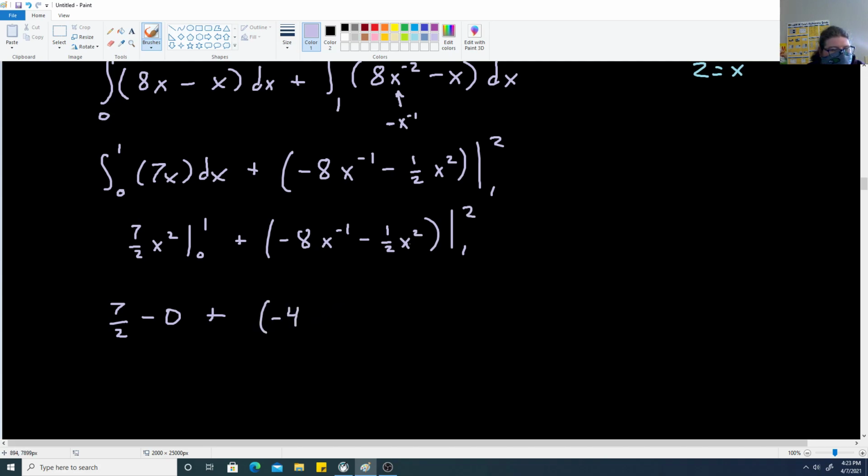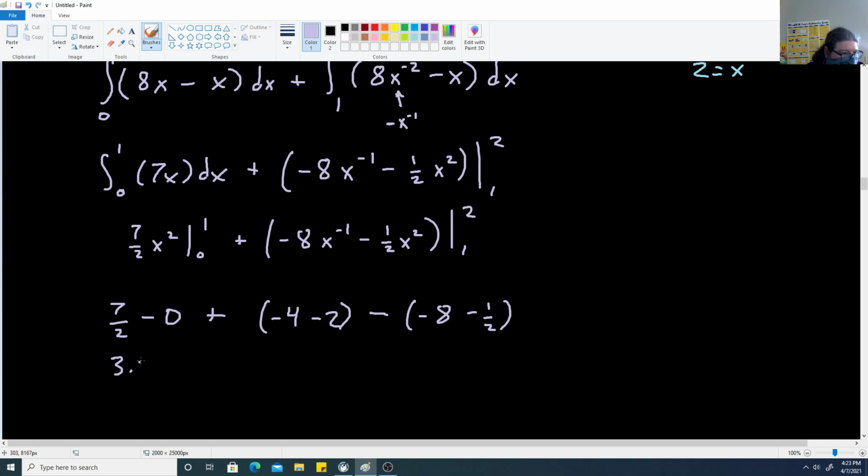And then 2 squared is 4, cut in half is 2, so that would be negative 4 minus 2. Then we have to subtract from it when I put 1 in, so this is just going to be negative 8, and this will be minus 1/2.